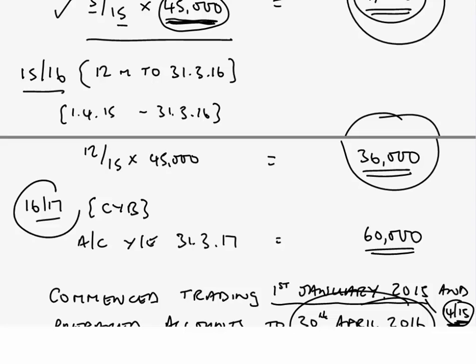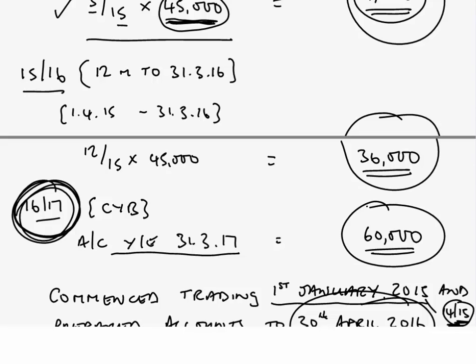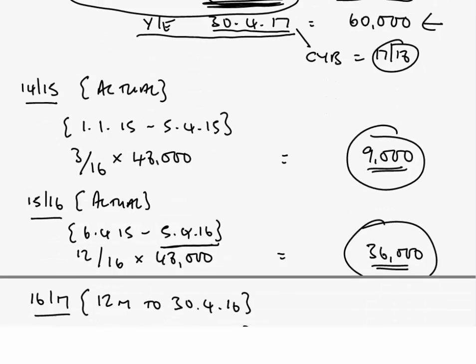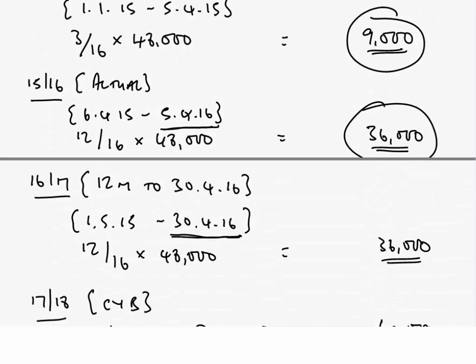But look at what happened in, and this is the critical year, the third year, 1617. If we had chosen March date, then the year ended March 17 would be assessed, and that was the £60,000 profit. Whereas, had we chosen the 30th of April, and now you'll see why we should choose the 30th of April, what we did was to again use the opening period of profit for one more time as the basis of assessment in the 1617 year.